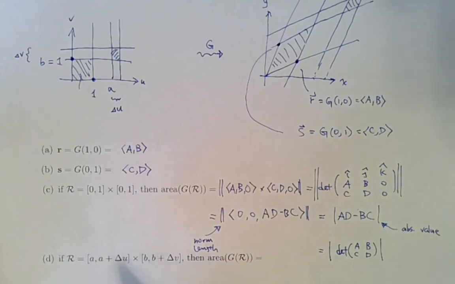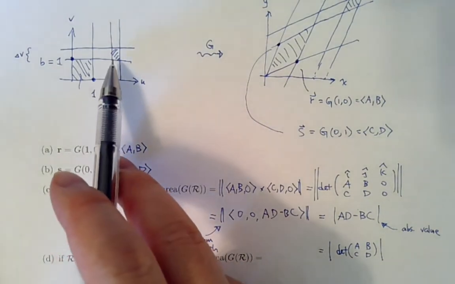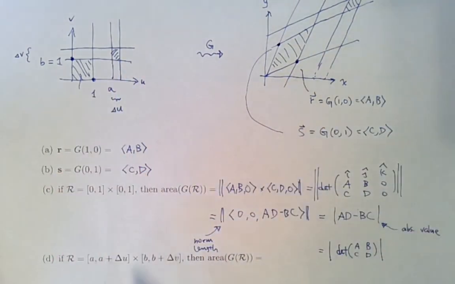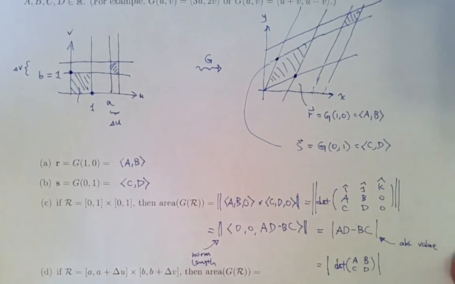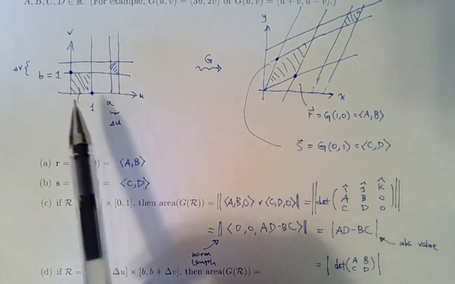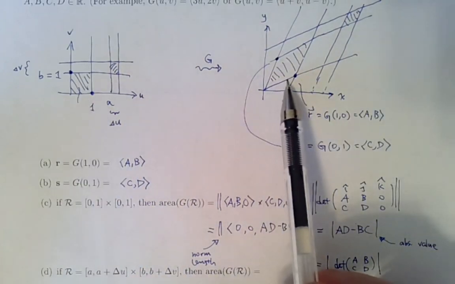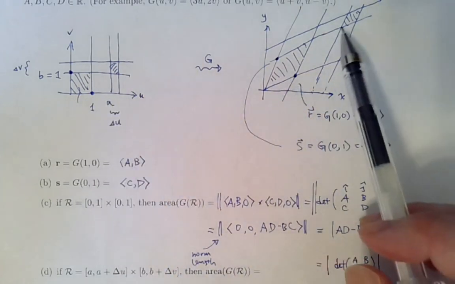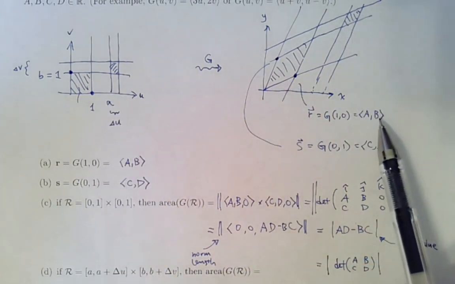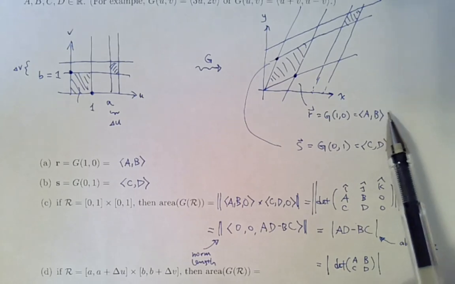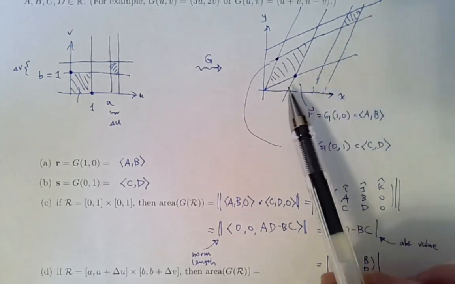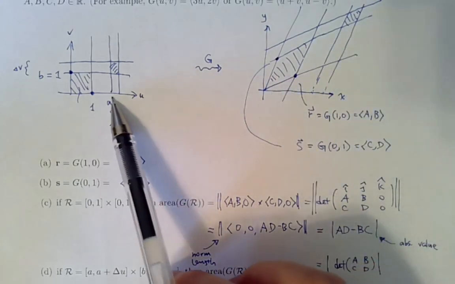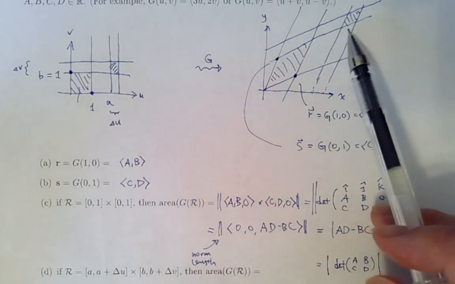The next question asks us for the other shaded region. If we push it over, how big is it? So you can work through all this together again, but you could notice that here I have 1, and then it gets pushed to this vector. If we have delta u, it will get pushed to this vector times delta u. So this vector is this vector shortened by a factor of delta u.